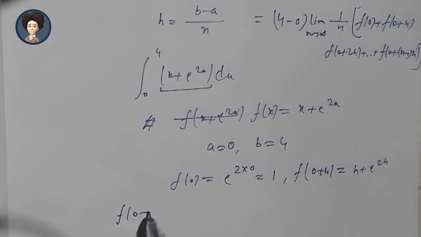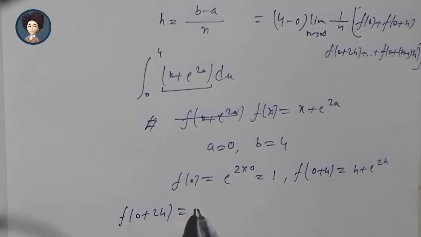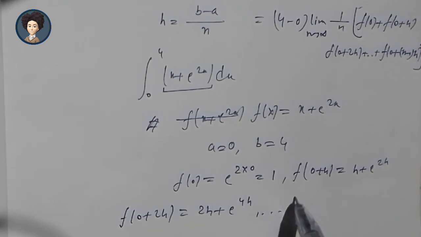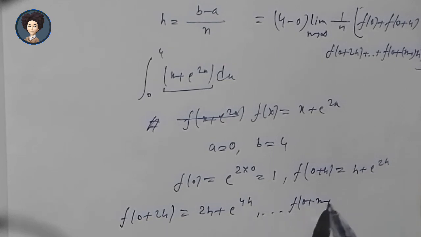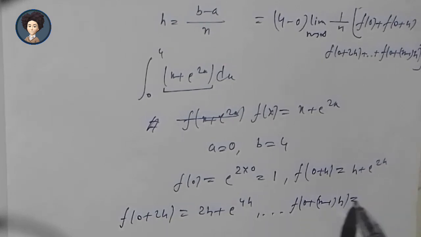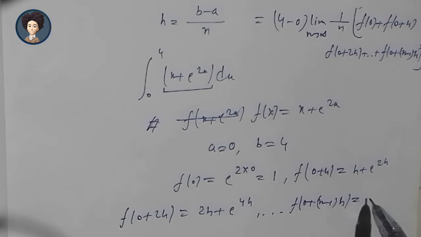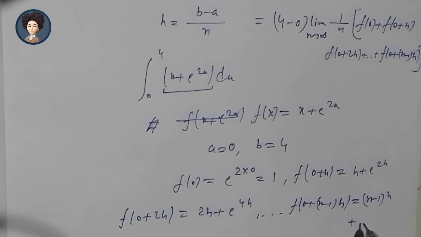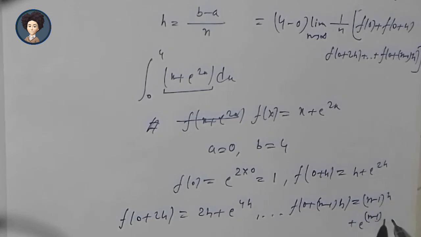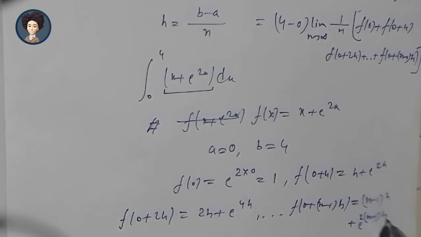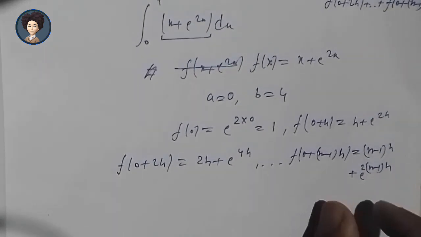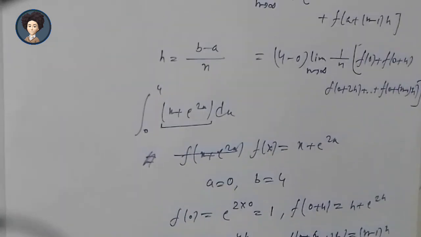And for f of 0 plus twice h, we get twice h plus e to the power 4h, and so on up to f of 0 plus n minus 1 into h, which becomes n minus 1 times h plus e to the power 2 into n minus 1 times h. We get this. Now we are going to put these values in.